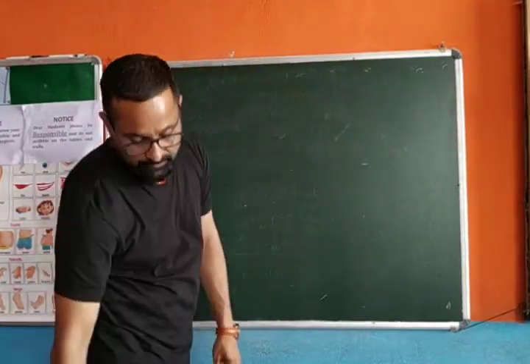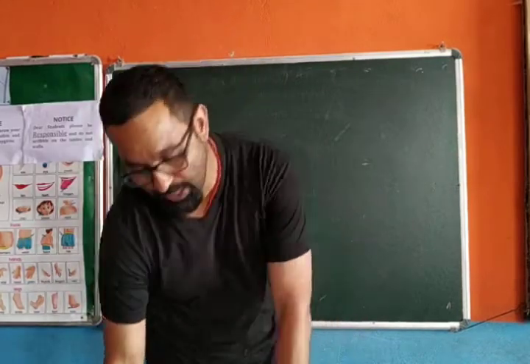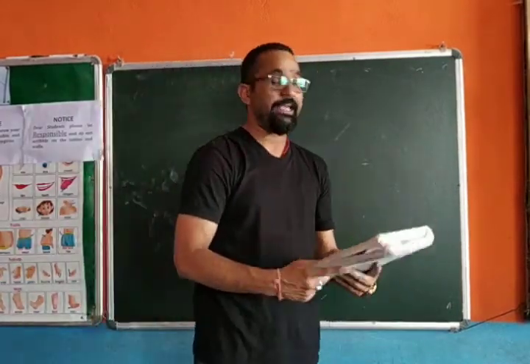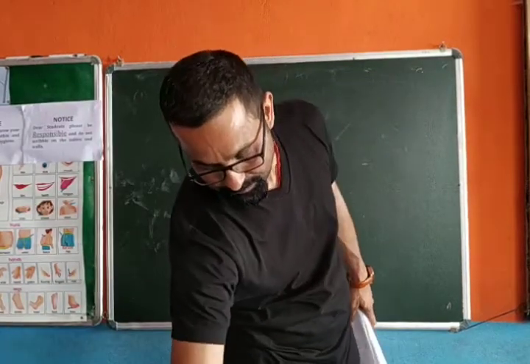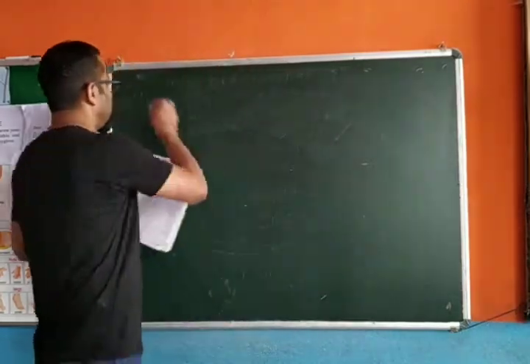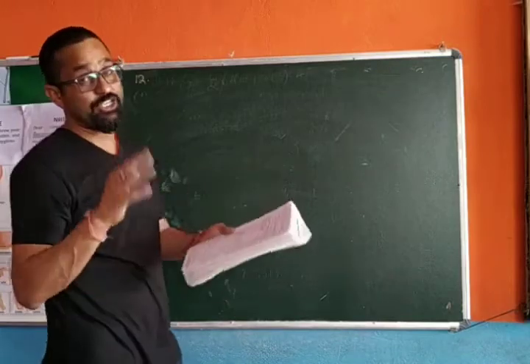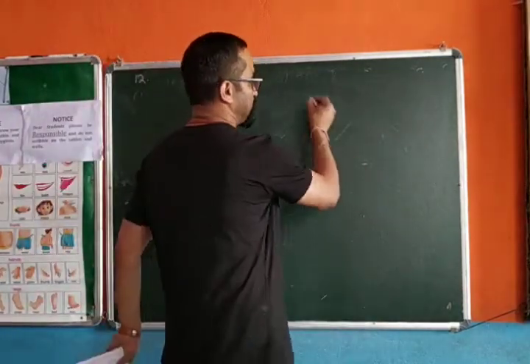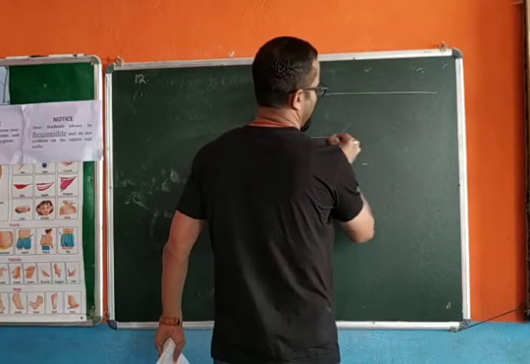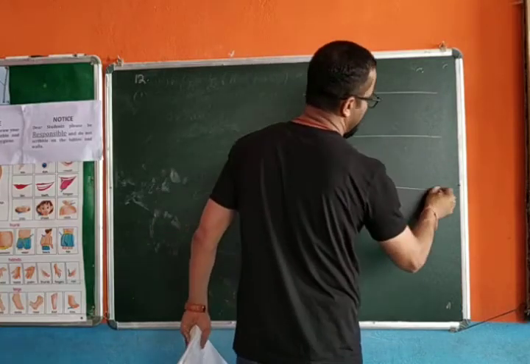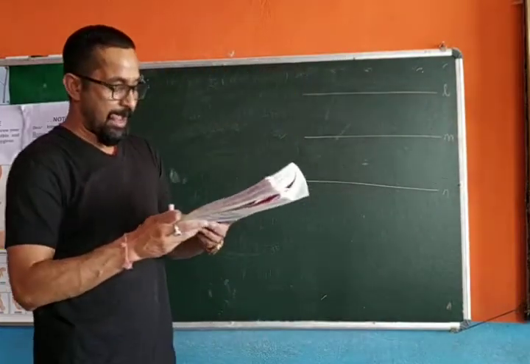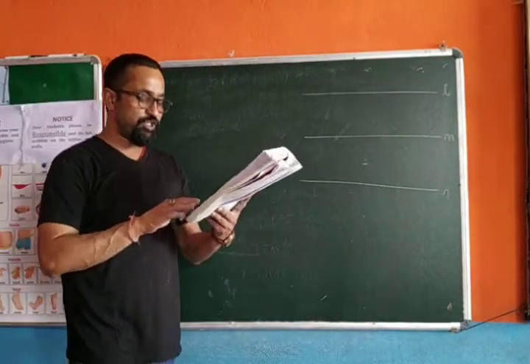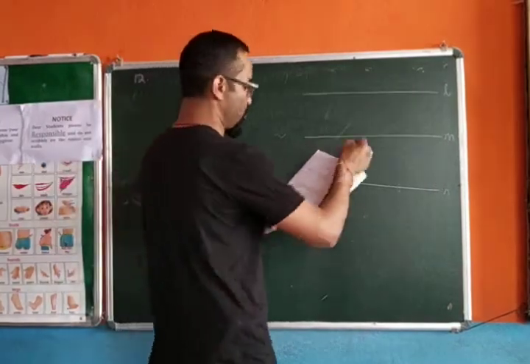Question number 10. The last question I'll do from the exercise. Look at this question now. The question says that three lines are parallel to each other. Three lines are parallel, L, M, N. G is midpoint of CD, so you join it.